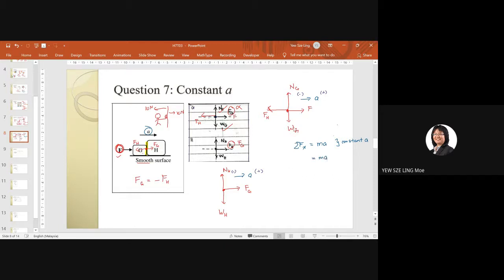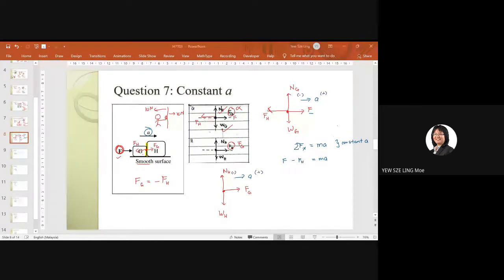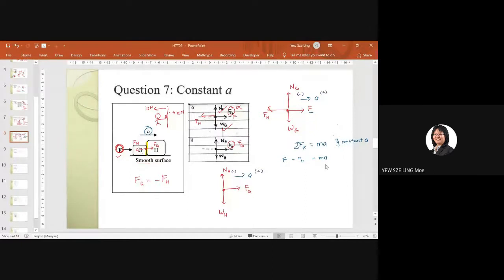Then you expand the left-hand side. Since I take the right-hand side as positive, I have F minus Fh equals ma.